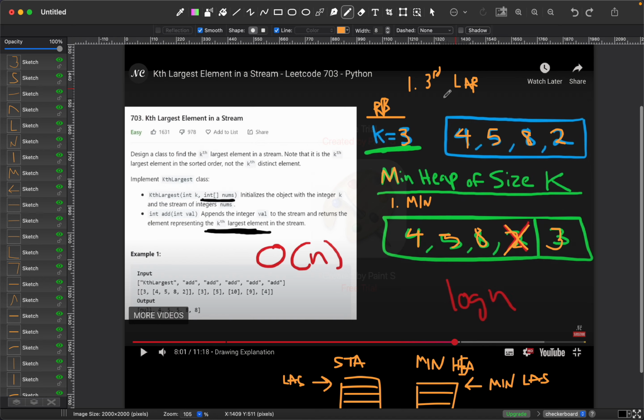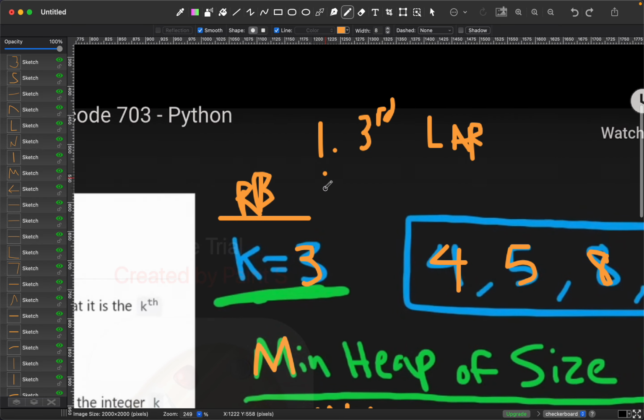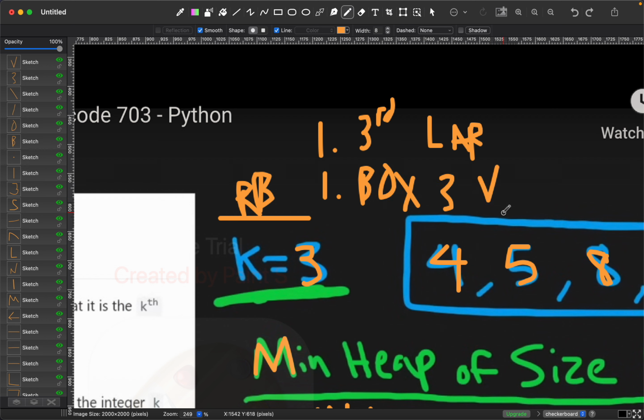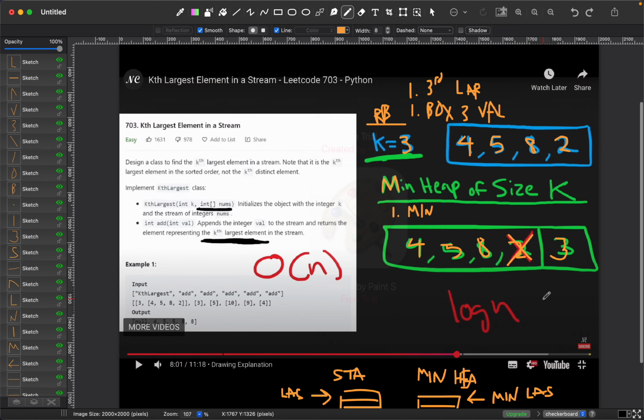Given that k equals 3, our box can only store 3 values. That's also one of the rules. We have 4 values here, so obviously we need to remove 1 guy. And who is the min? It is actually this number 3, and this 3 guy is out.